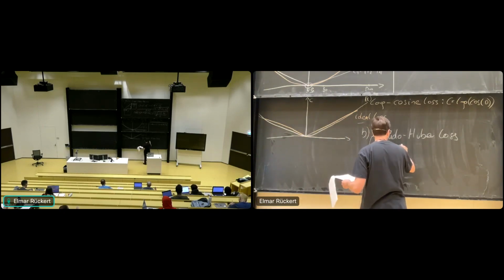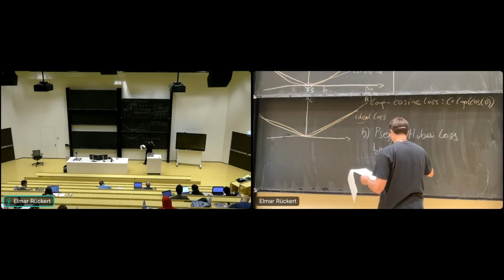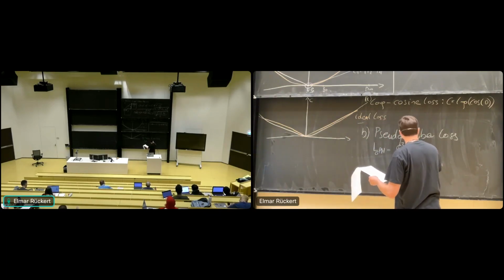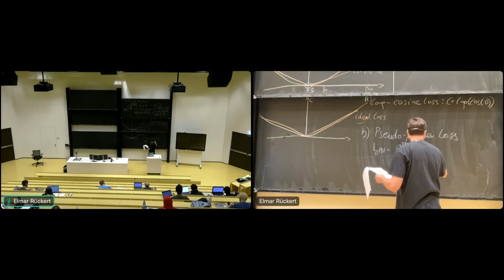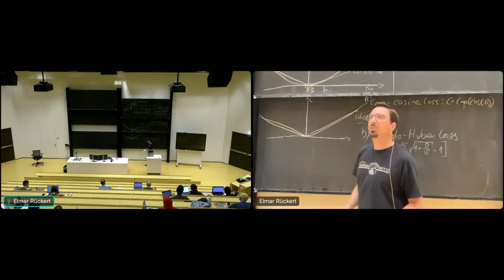So it's sigma squared times the square root of 1 plus your distance measure, d, divided by your sigma squared value, minus 1. You don't need to know that by heart. The only thing I want you to know is there exist alternatives to the L1 norm, to the L2 norm.